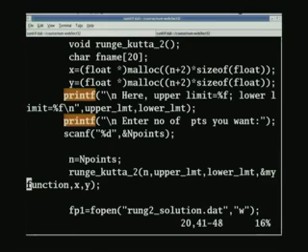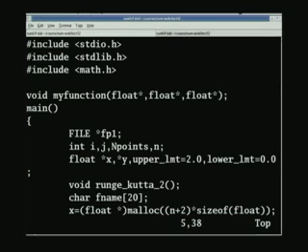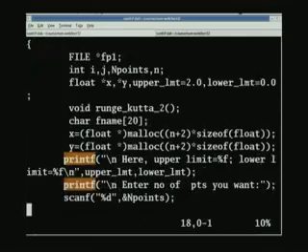Remember, when you supply a pointer to a function like that, we need to declare it outside the main program. So that function is declared here as my function, and it takes 3 variables, all 3 of which are pointers in this case.